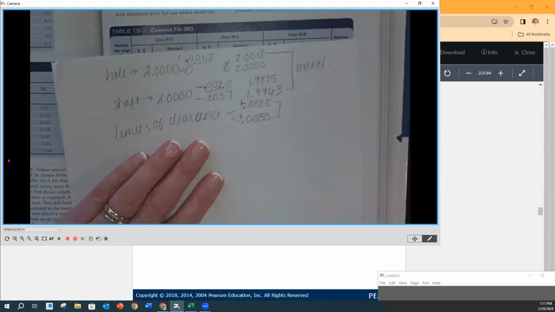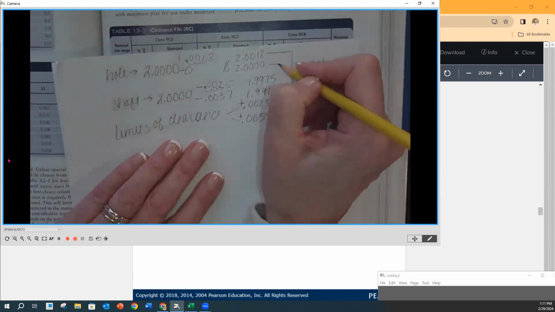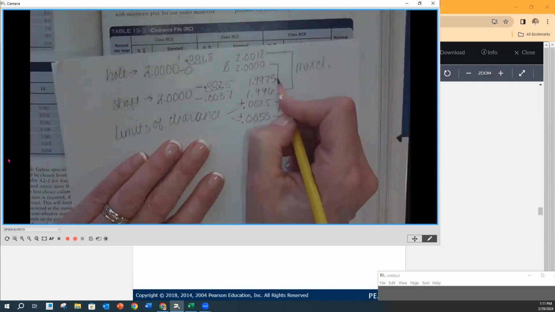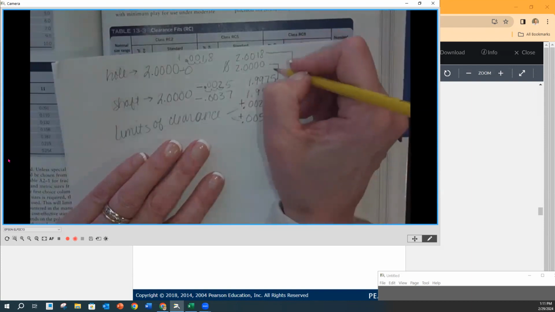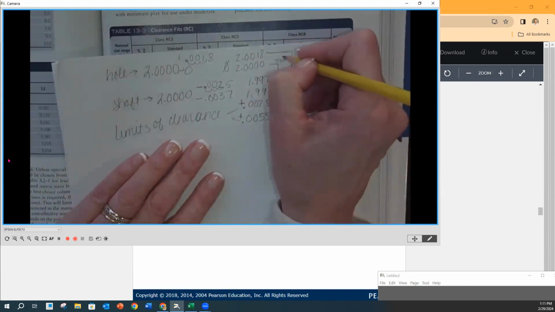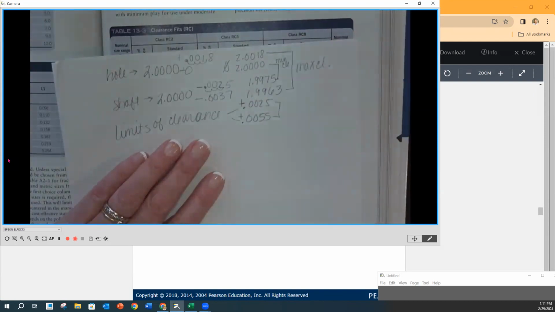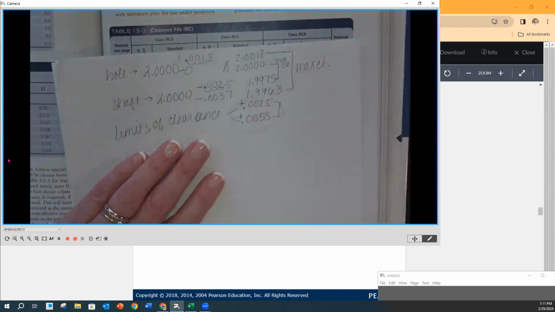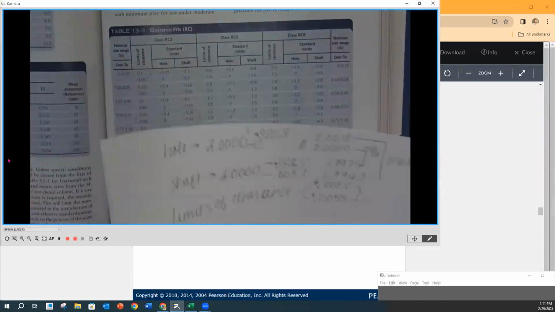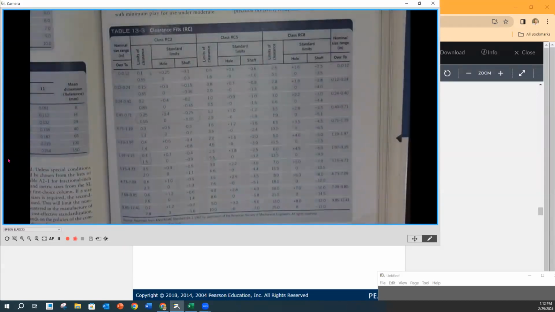So the smallest shaft in the largest hole is going to be the most amount of slop that we're going to get. And then when we compare our smallest hole to our largest shaft, this is going to be our minimum clearance. Does that make sense to everybody? And these differences between these two are exactly that. Questions on using this chart to determine fits?